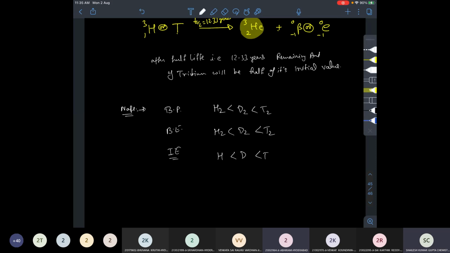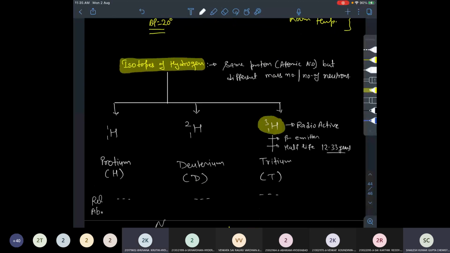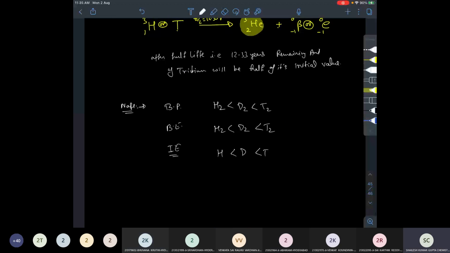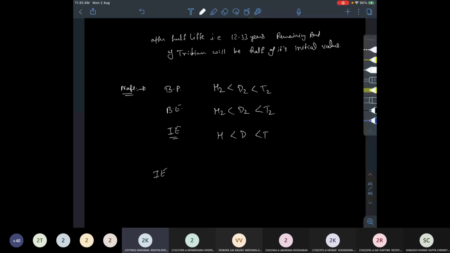Don't say more protons. Protons are expected to be the same for isotopes. More nucleons, more nucleus. So how is more nucleons going to affect the ionization energy? Sir, IE is inversely proportional to atomic size. Where did you read this? Inversely proportional, sir, atomic size. Okay, that is okay.